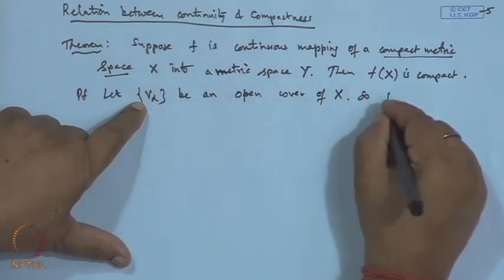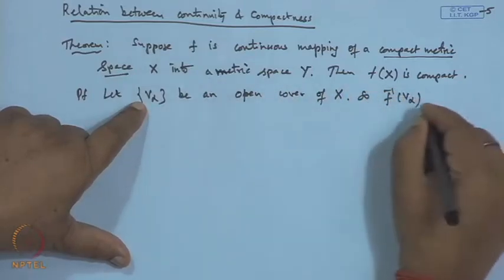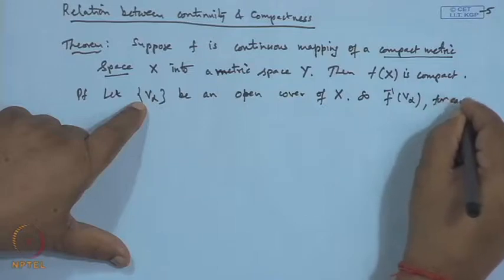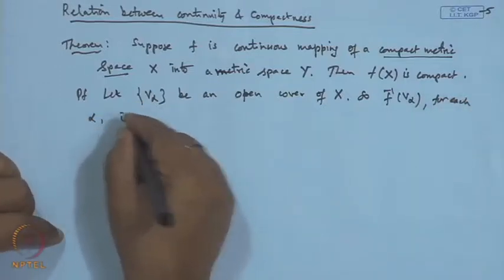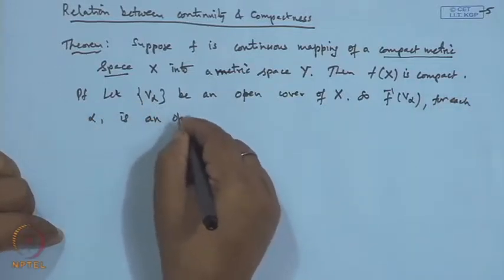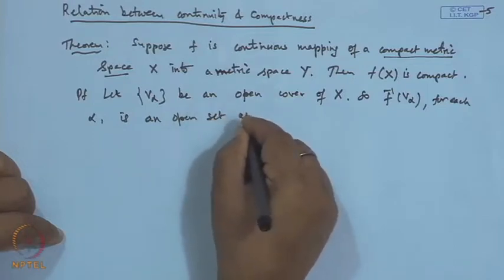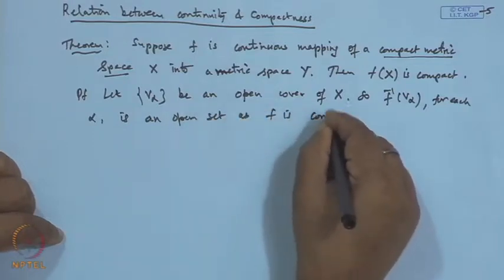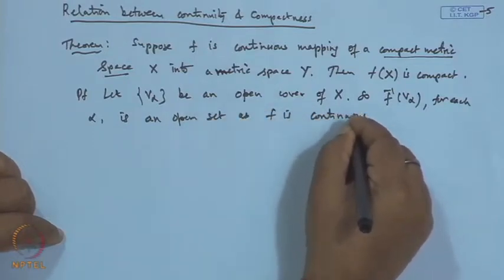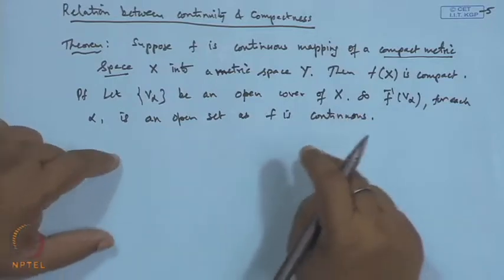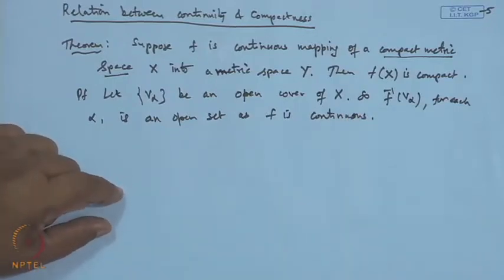So, f inverse of V alpha for each alpha is an open set, as f is continuous function.